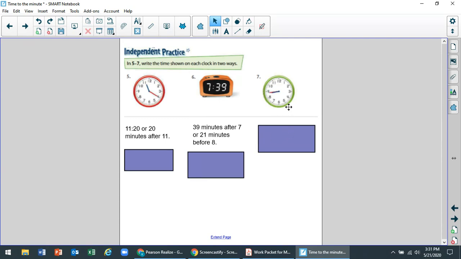Here is our last clock. Again, look for your hour hand. This one's a little bit more difficult to see. The hour hand is this short one right here. And again, it is in between the 8 and the 9, if that helps.